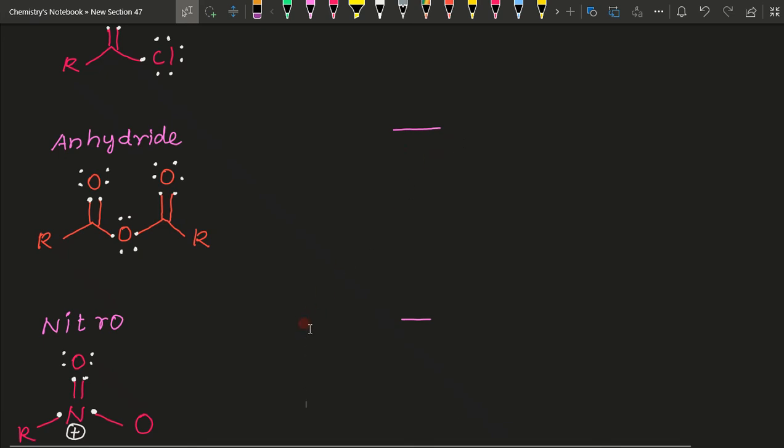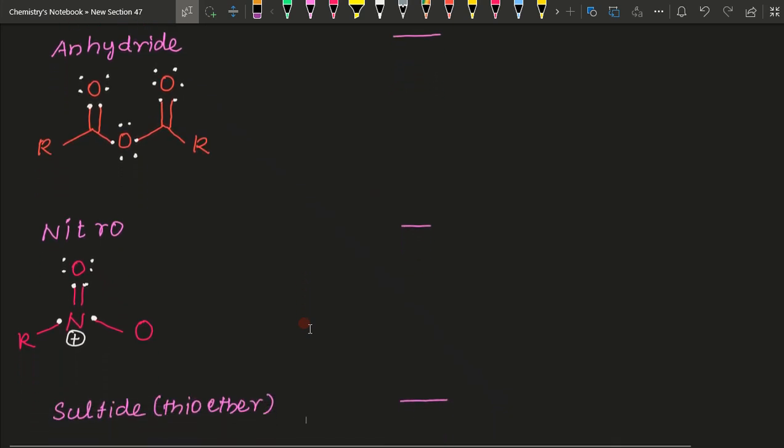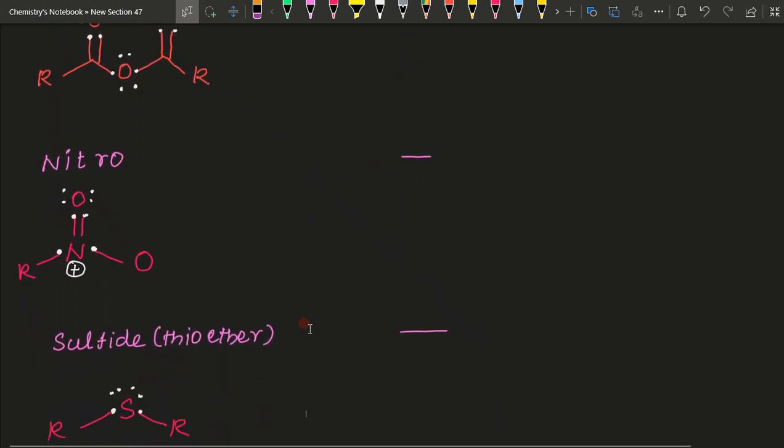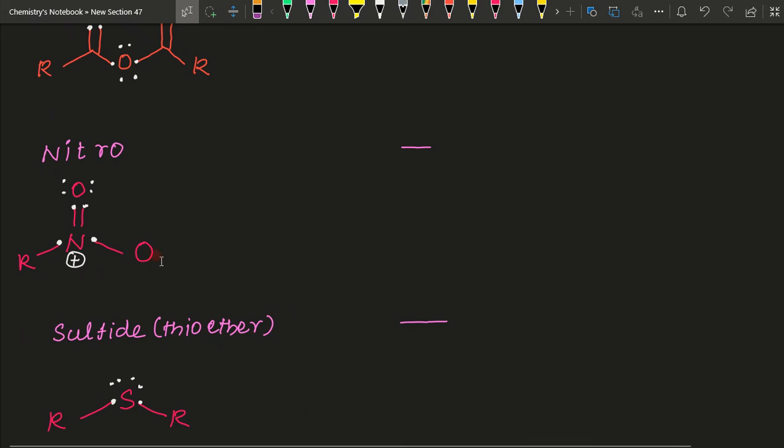Next, nitro. See this nitro group, there is only one R present. Here oxygen, we know that oxygen makes a double bond.